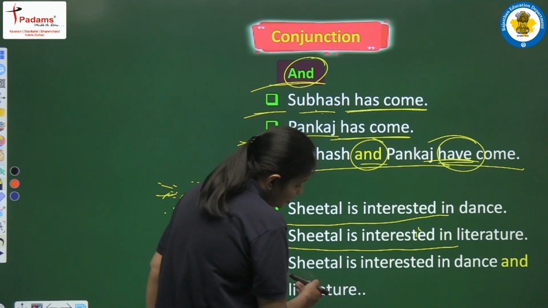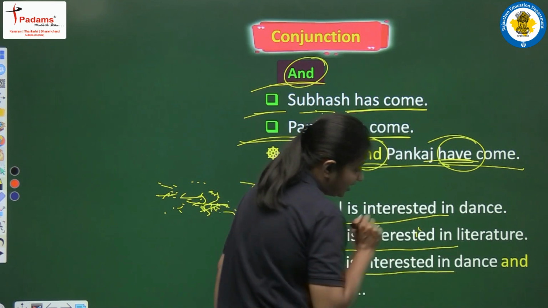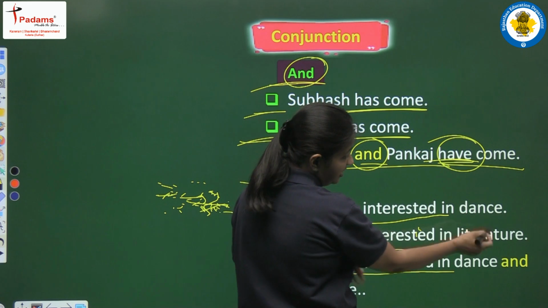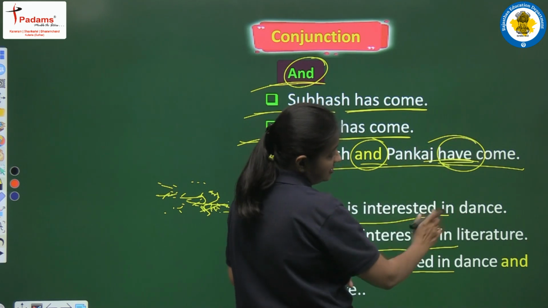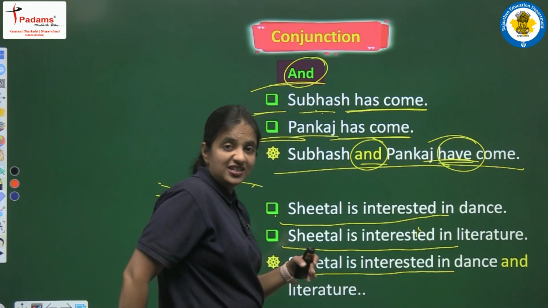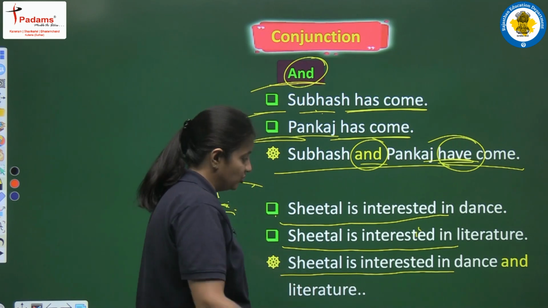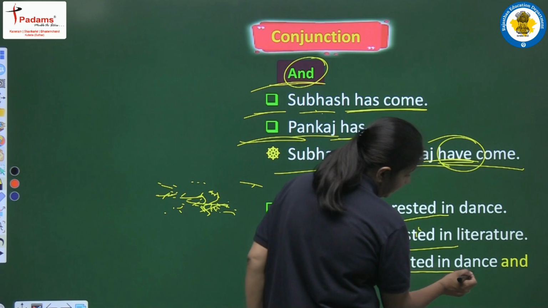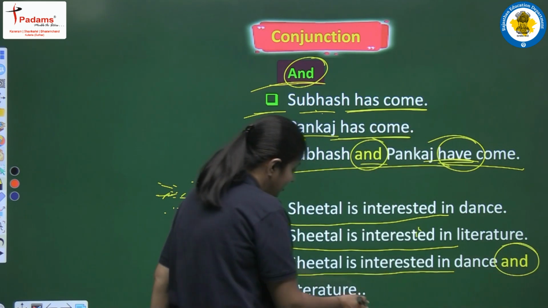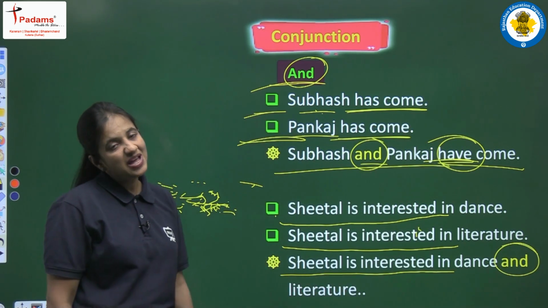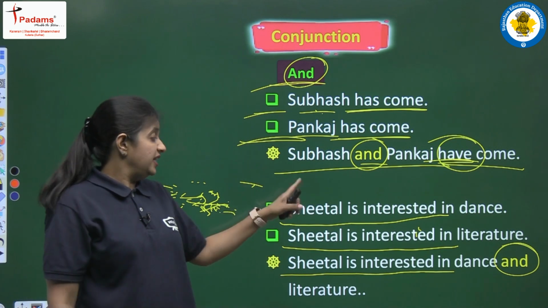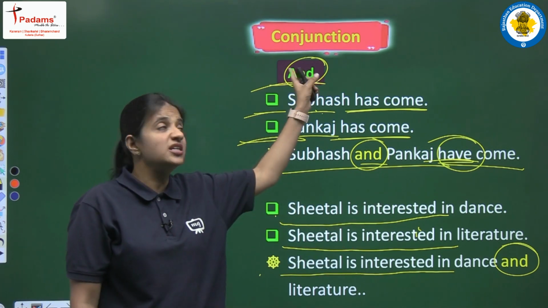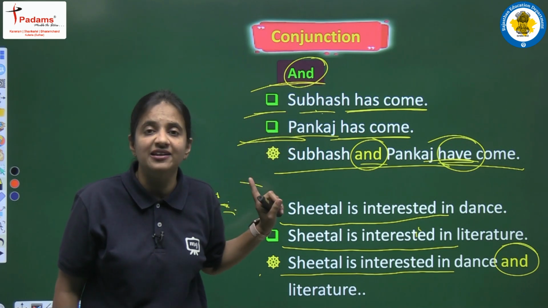So we are writing Sheetal is interested in. Okay, this will come one time. Now she is interested in two things. She is interested in dance also, and she is interested in literature also. So yes, we are writing this: Sheetal is interested in dance and literature. So in this manner we have to combine these two sentences into one single sentence using the conjunction, that is and.